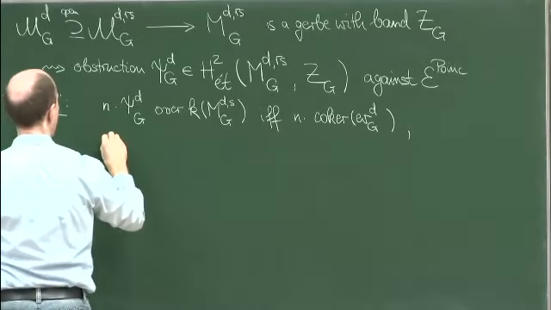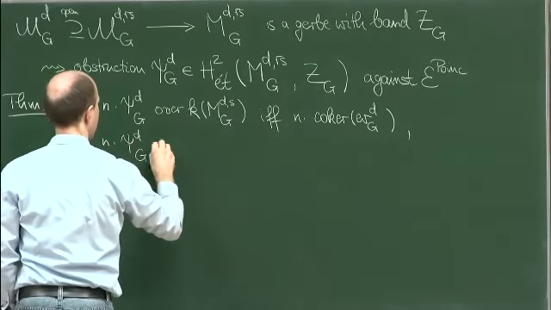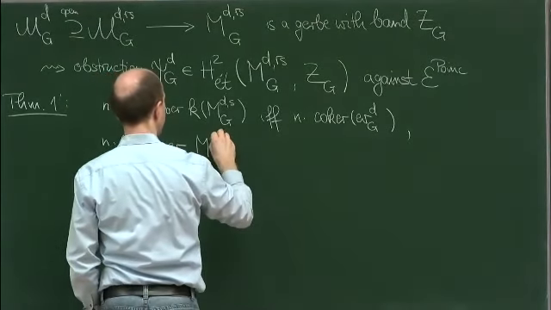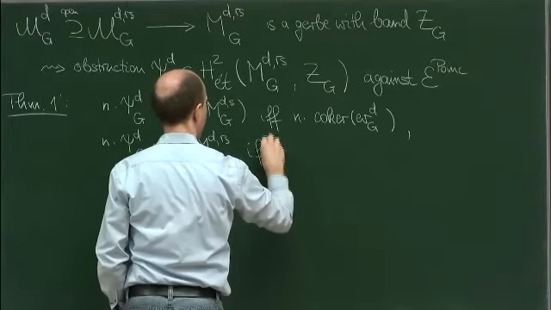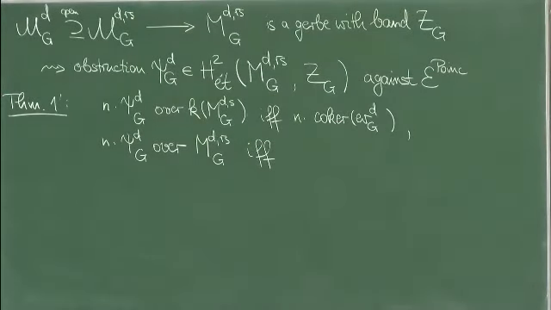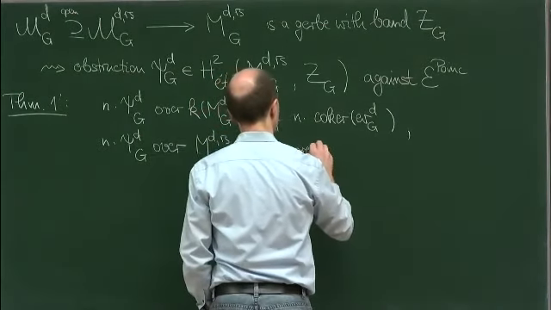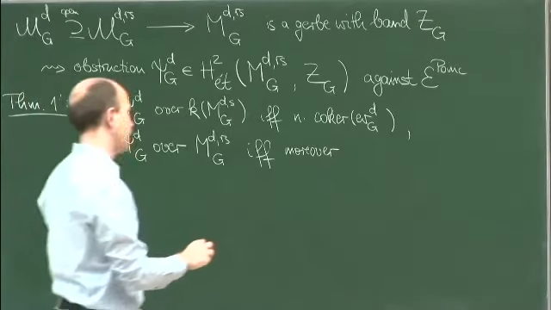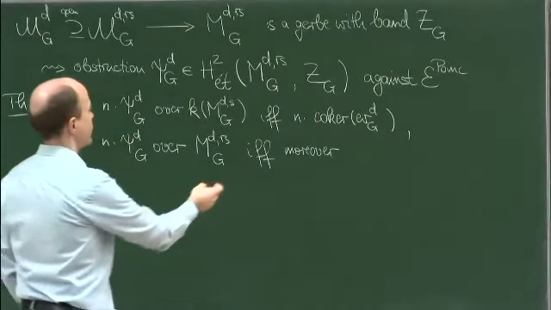And an integer n annihilates the class globally over the whole regularly stable locus if and only if, first of all, this condition is satisfied, and moreover, the integer n also annihilates the mu_r's in the center.